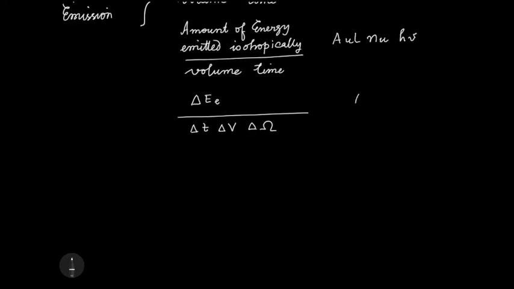This is emitted isotropically, so I can easily find out how much is emitted in a given solid angle if I divide by 4 pi. So all I have to do up to here is A_UL N_U h nu by 4 pi.